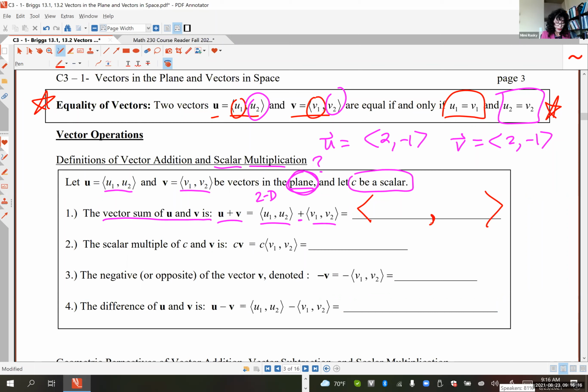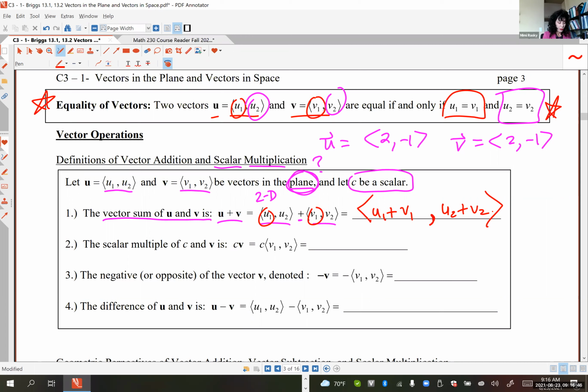The first scalar is going to be the sum of what I call the x components of your vectors. So u1 is the x component for the u vector, and v1 is the x component for the v vector. Just add them together. And then comma, u2 plus v2, and we're done. It's that simple to add 2 vectors together when you have standard position component form.